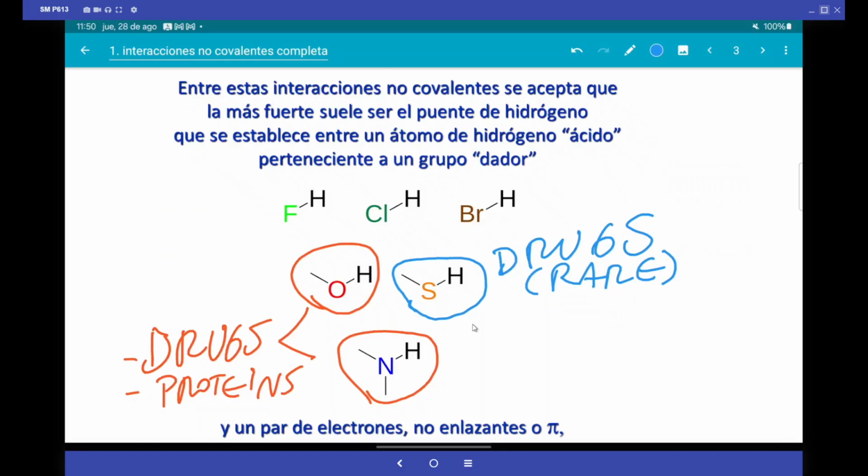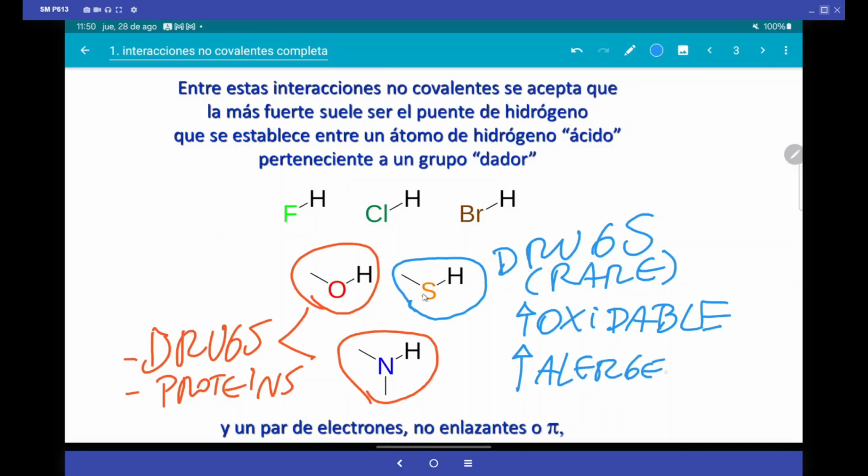It is easily oxidizable, that is, it is going to metabolize very quickly. It is easily oxidizable, and second, the H groups have been seen that in many people they are super allergenic. In many cases, they trigger a strong allergic reaction.